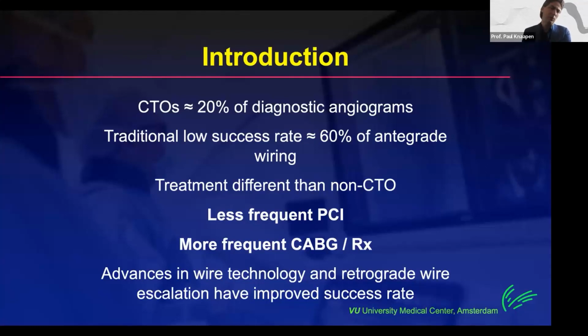And thereby we treat these patients differently than non-CTO patients. Less frequent PCI, more frequent bypass surgery or optimal medical therapy. However, this talk is about the toolbox, and the toolbox encompasses advances in wire technologies, both antegrade and retrograde, that has improved success rates significantly.